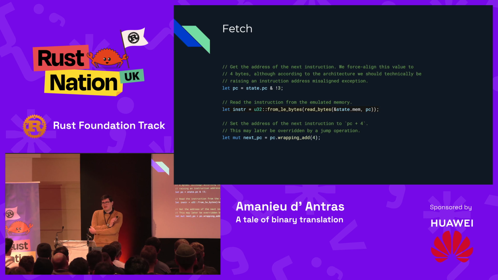We also keep track of the address of the next instruction because we're normally going to go straight to execute the immediately following instruction afterwards, unless the instruction we just fetched is a branch or jump instruction, in which case the next PC might be overwritten by a different address.